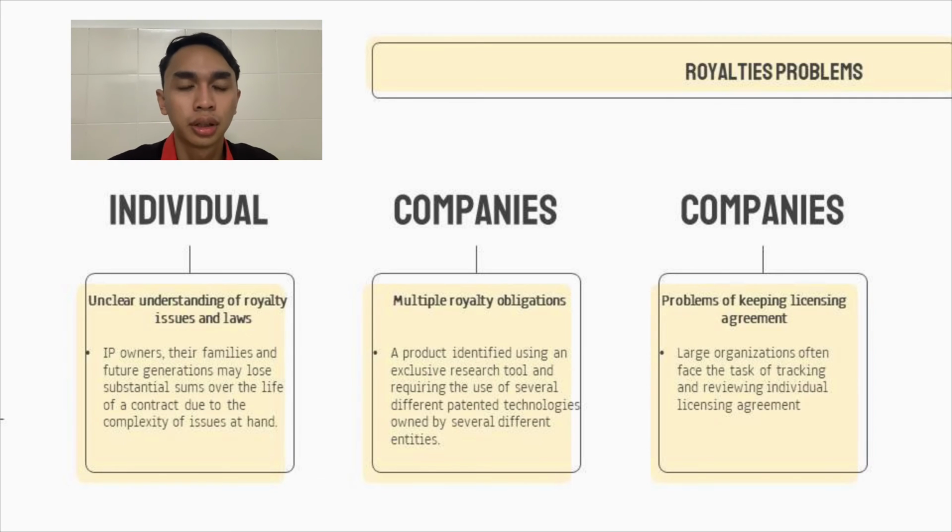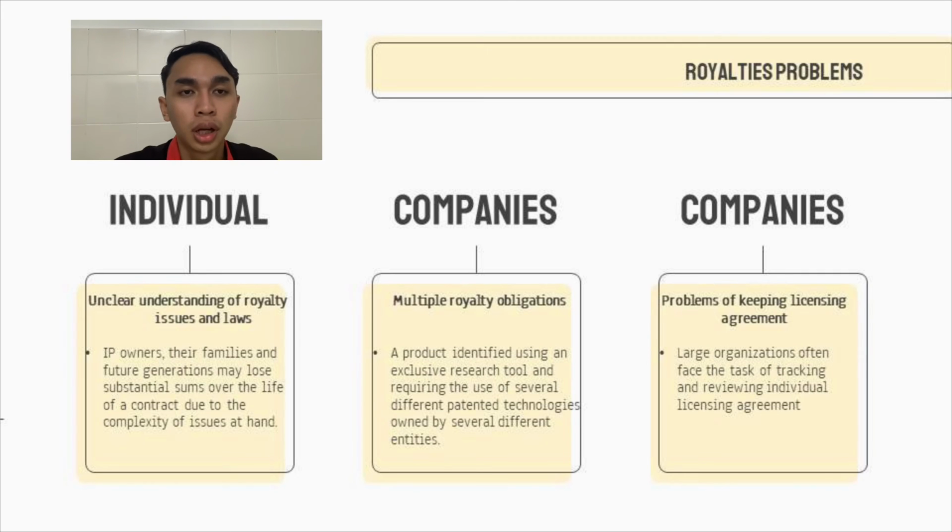For example, if the owner of the royalty did not specialize in the accounting method, problems will occur in the payment between the licensor and the licensee. The second one is under companies, where they have multiple royalty obligations.